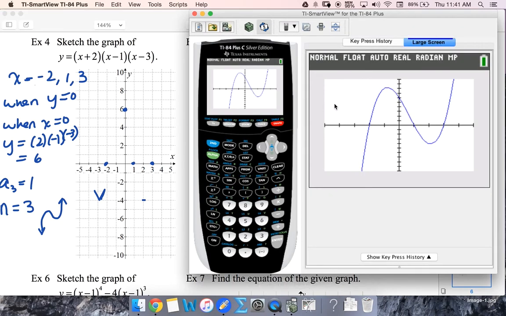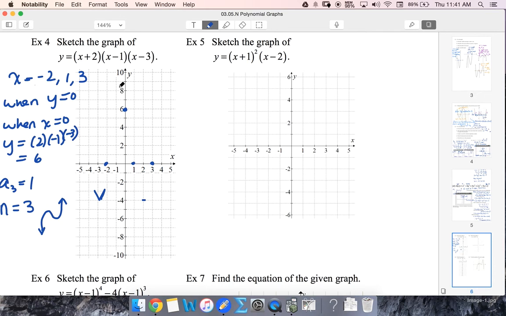And then my max looks like it's at about 8. Sorry, -1, somewhere like that. Of course I could use my calculator to find those values more exactly, but for now, this is fine. And on a non-calculator paper, just going through our key points and having the shape of going from down to up is fine.